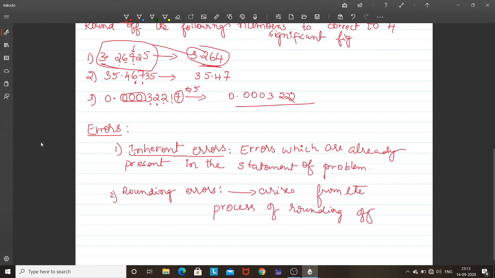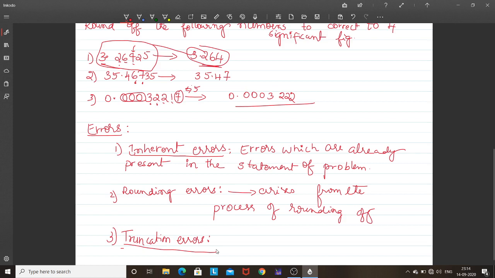Next, the third error is truncation error. Truncation error is due to the cutting of an infinite series to a finite one.